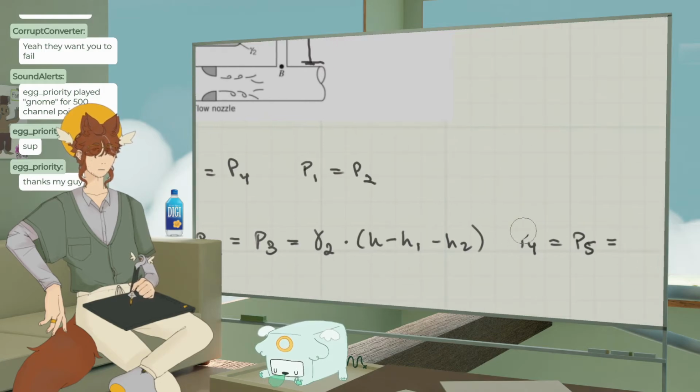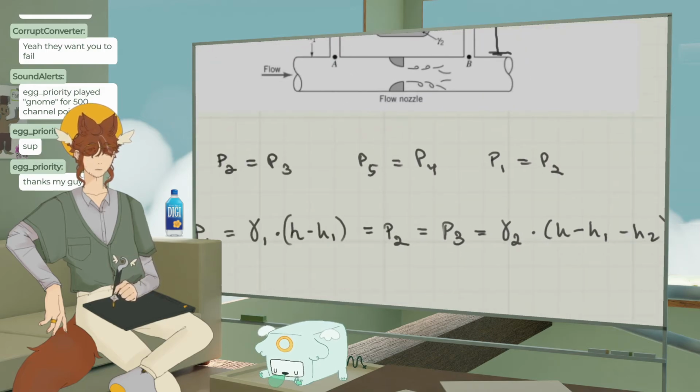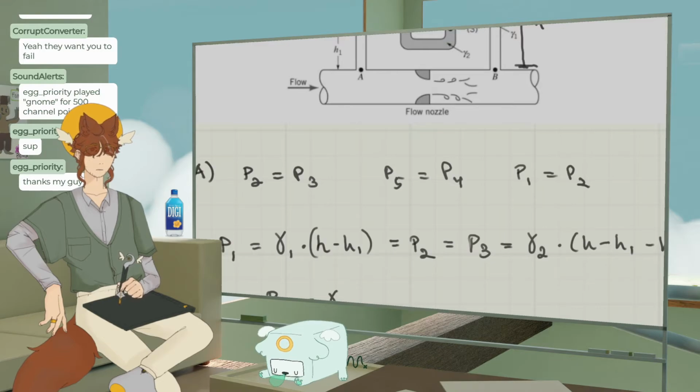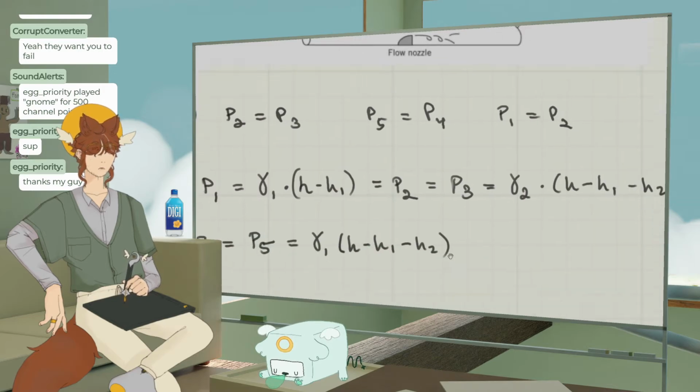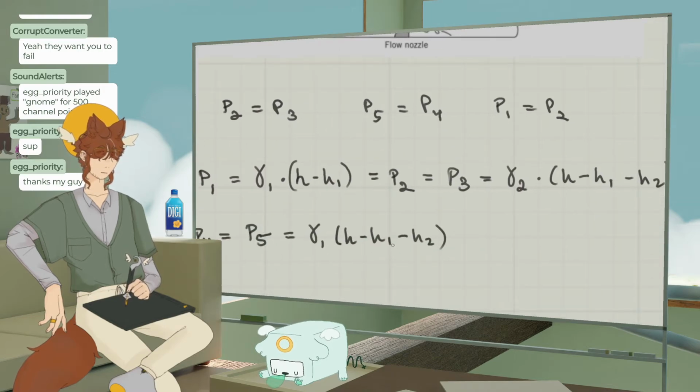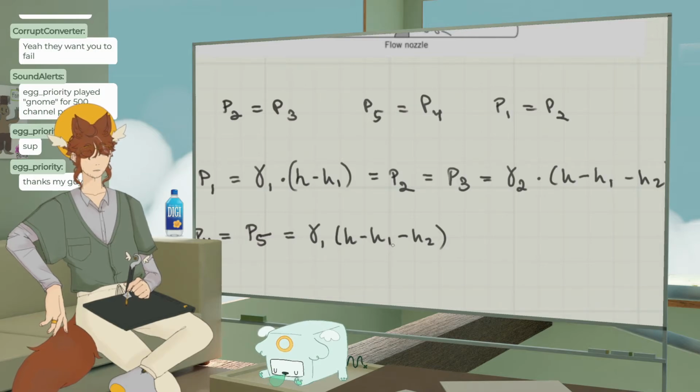But the pressure at P4 does equal the pressure at P5, which equals gamma 1 times H minus H1 minus H2. Ooh, so we can like substitute some things, I guess? So what do we get?